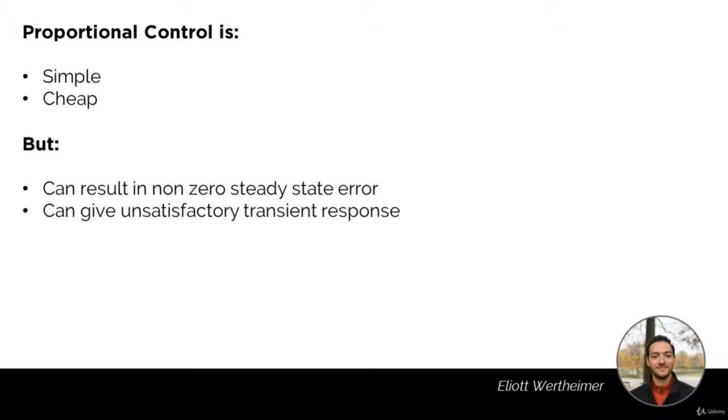Proportional control can also give unsatisfactory transient response, simply again because it acts on the current value of the error. It does not see in the future like a derivative controller will do. We'll explain why later. And it does not see in the past like an integrator actually does.